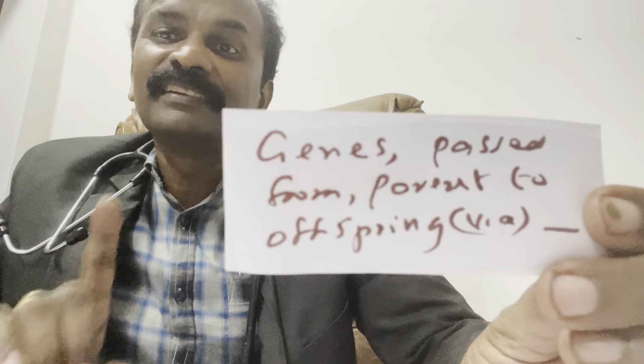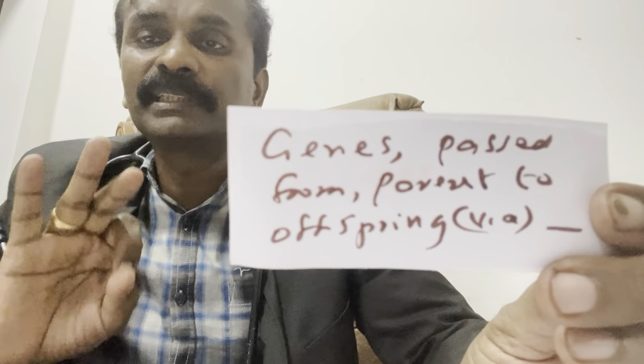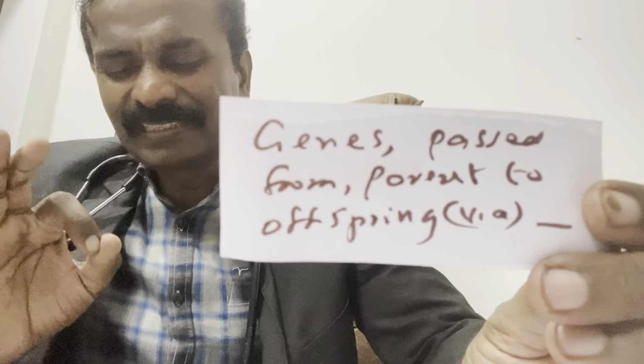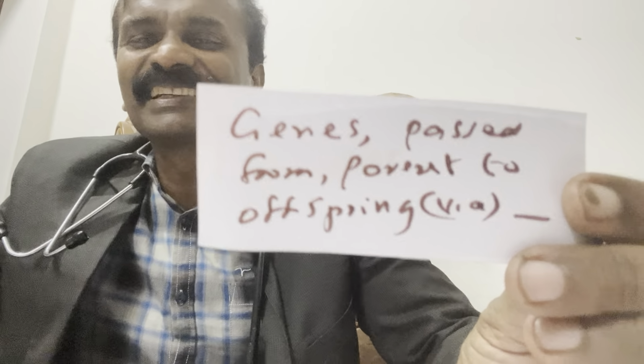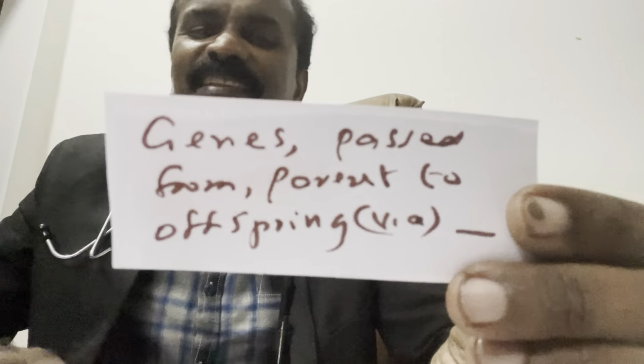Genes passed from parent to offspring via gamete. They'll give four choices: gamete, zygote, oocyte, embryo. All useless MCQs. You must clearly answer gamete. Read the question very well.